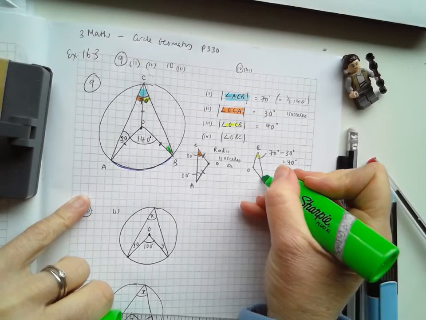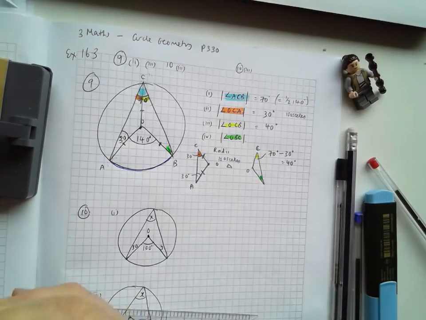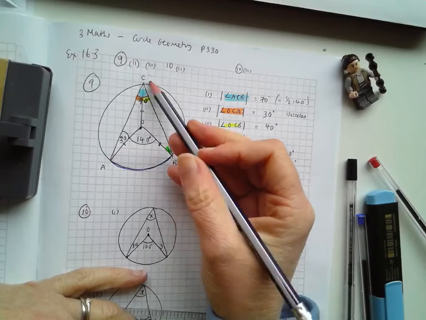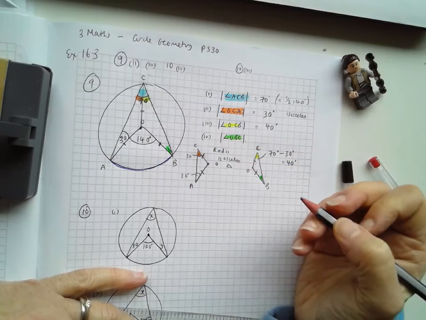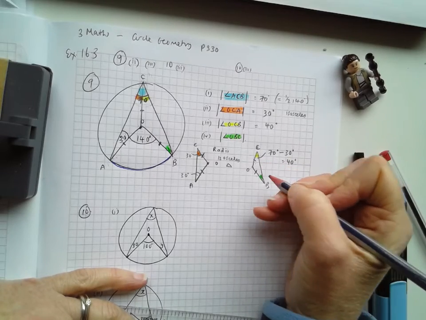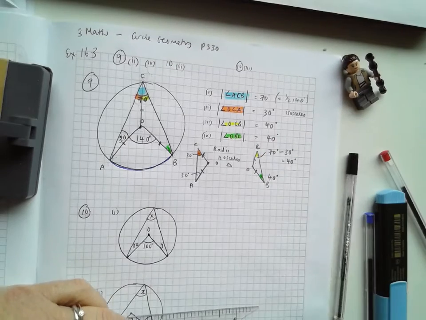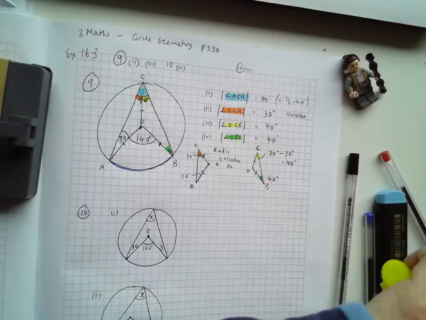Again, this is an isosceles triangle because OC and OB are both radii. So this angle and this angle are the same. So if this angle is 40 degrees, then this angle is 40 degrees. Okay, I hope that makes sense. Go back over it again now if you need to.